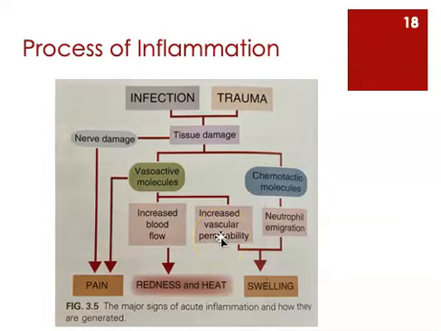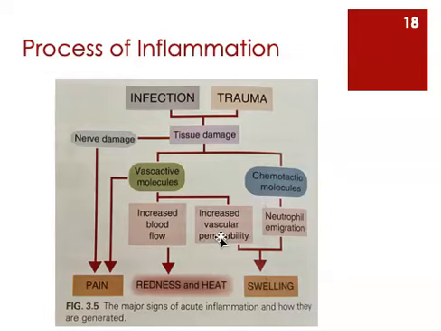Now, why would that happen? Well, remember, there's white blood cells inside your bloodstream, and they're relatively big. So we need to increase the permeability of the lining of the blood vessels so that those white blood cells can get out and travel to the site of the invasion.